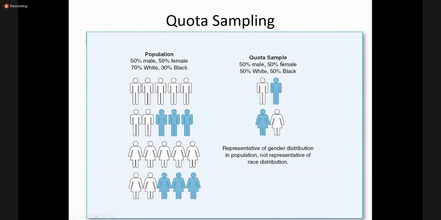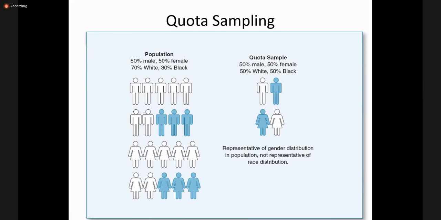Then you can do a disproportionate quota sampling when you decide that you will select 50% of your sample from the white population and 50% from the black population. You see there is an underrepresentation of the white population if you take a sample of 50% from white, and overrepresentation of the black population who actually comprise only 30% of the population.